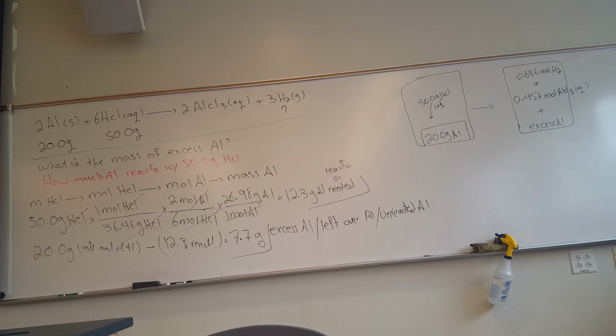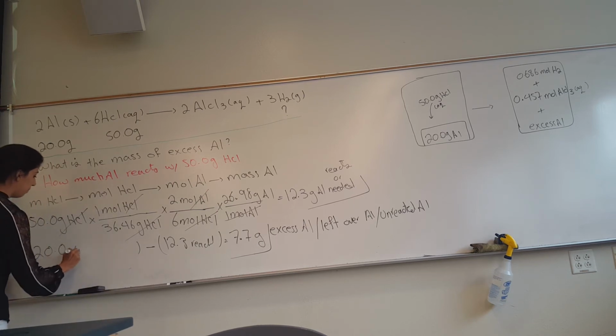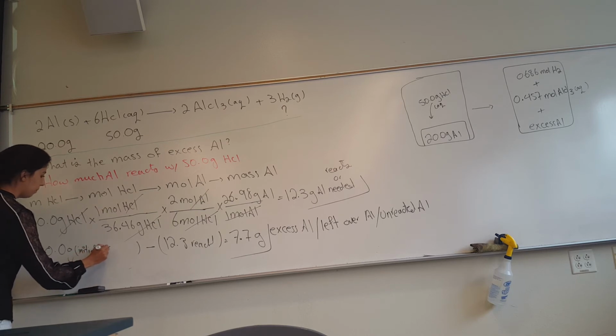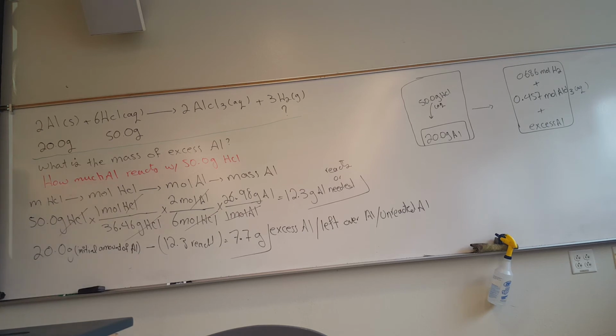Initial amount of aluminum. So since I knew hydrochloric acid was the limiting reactant and aluminum was in excess, I found out the mass of aluminum that's needed for 50 grams of hydrochloric acid.